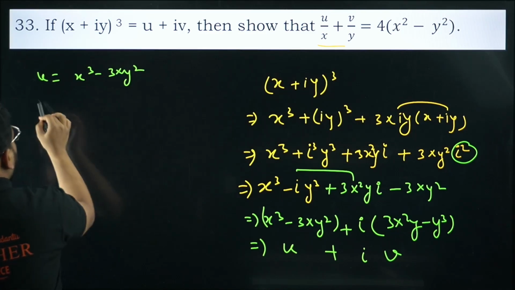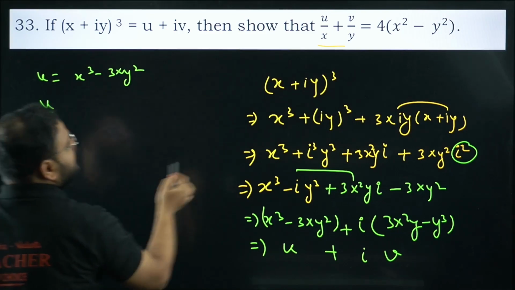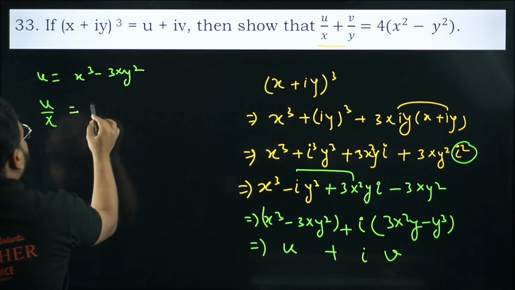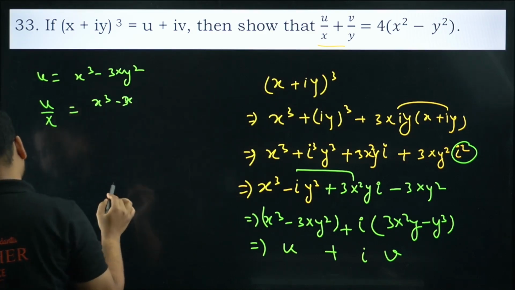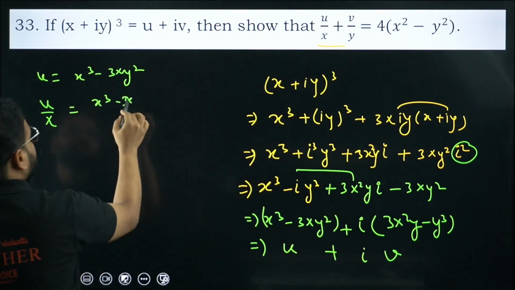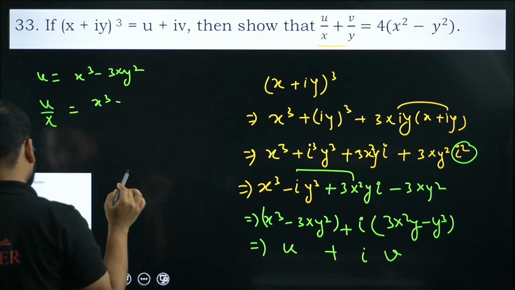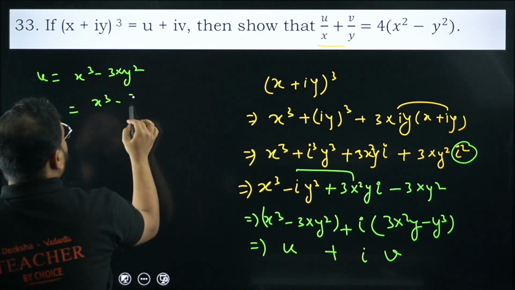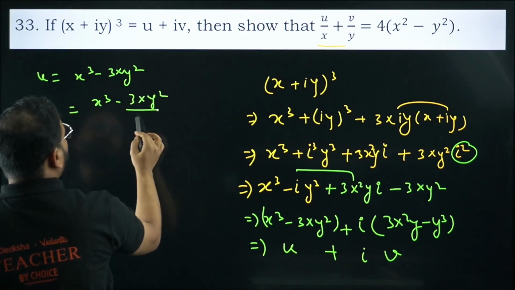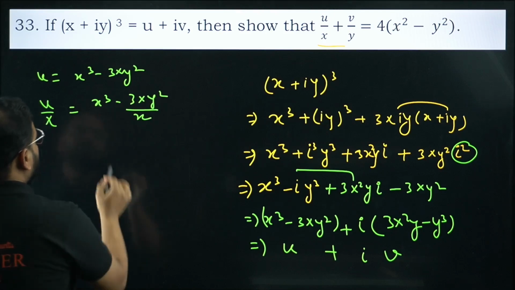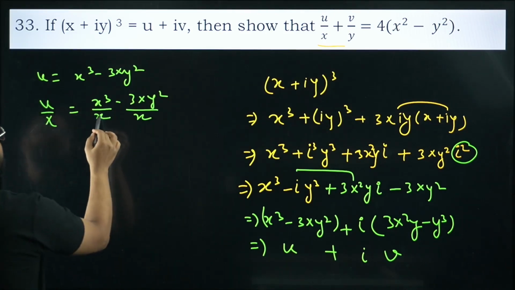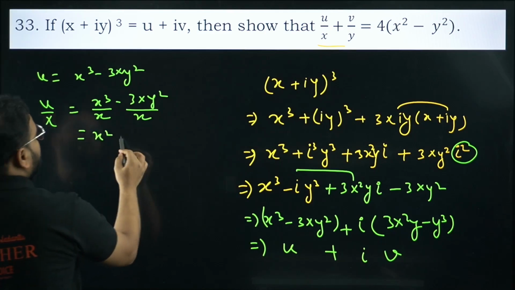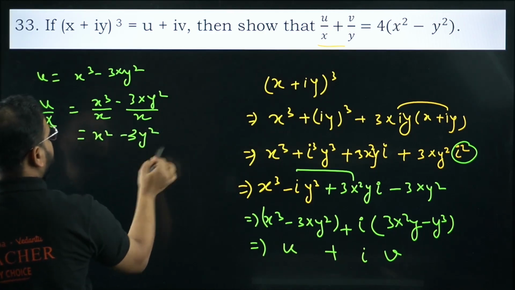So my u by x will come, right? It will become x cube minus, one second, x cube minus 3xy square upon x. Sorry, I can divide this by x, so it becomes x square minus 3y square.